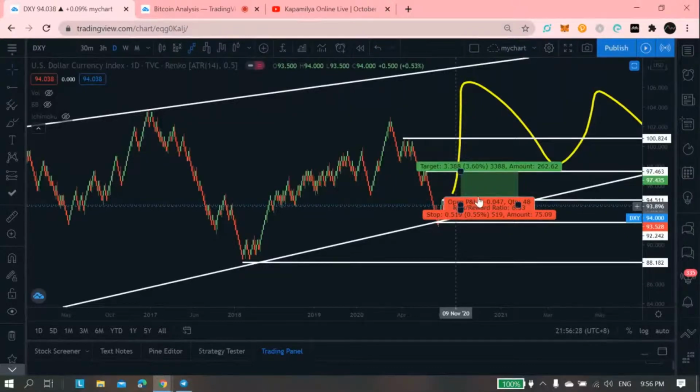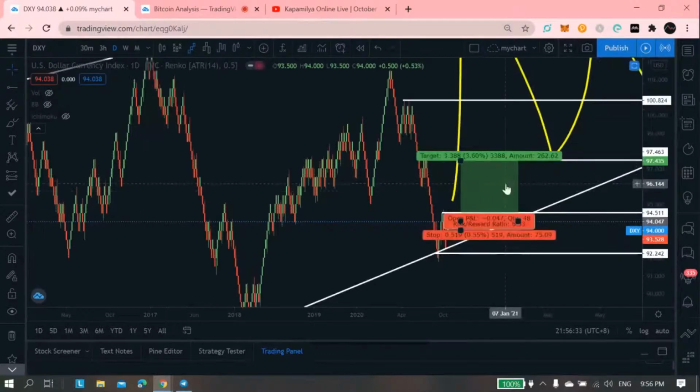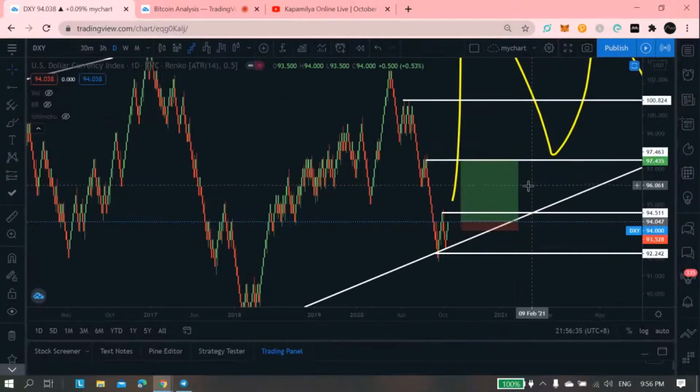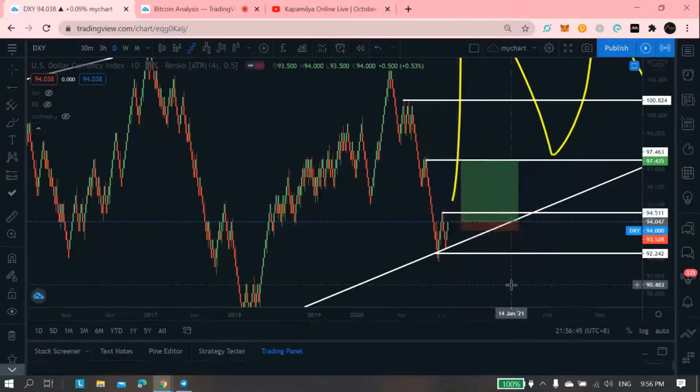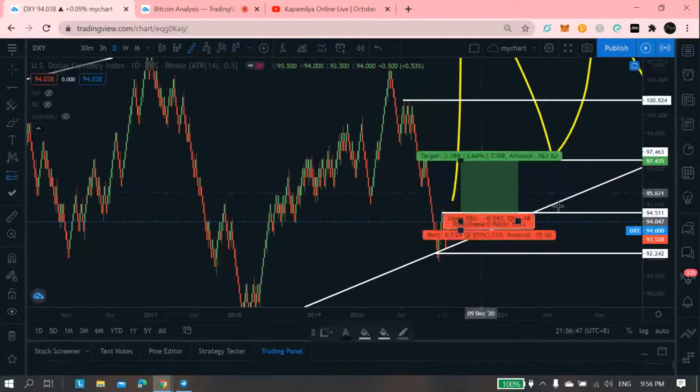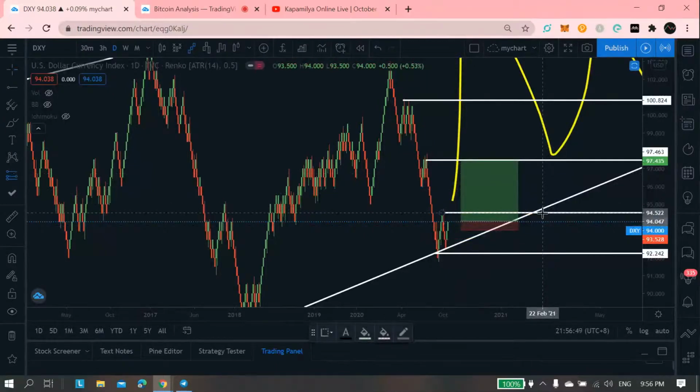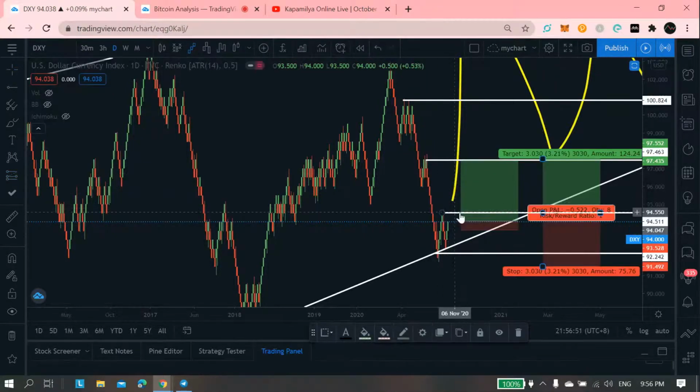Normally I use a risk reward ratio of at least 2 to enter the transaction. Here the risk reward ratio is high. I will test buy at this area, and then make another buy if it breaks out at this resistance area, the 94.55.